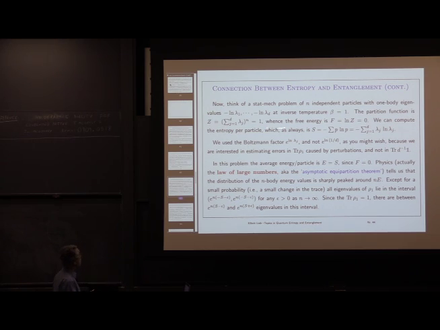All right, so now think of a stat-mech problem of n independent particles with one-body eigenvalues minus log lambda 1 up to minus log lambda d. Remember, these are the Schmidt numbers at inverse temperature beta equals 1. And the partition function is just, you sum the eigenvalues for each factor.